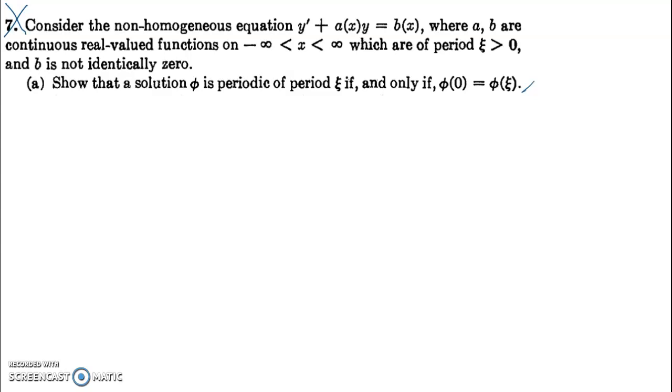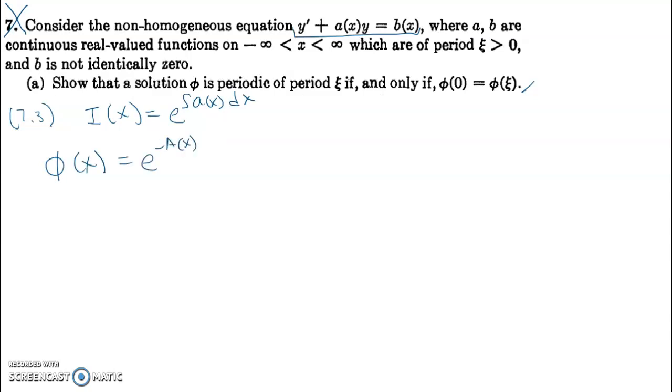So we first observed that we can utilize the equation given in our textbook. I think this was equation 7.3, that the solution for this general case was, well, the integrating factor we know is going to be e to the power of A of x, and our phi of x equals e to the negative A of x times B of x plus the constant, e to the power of A of x.